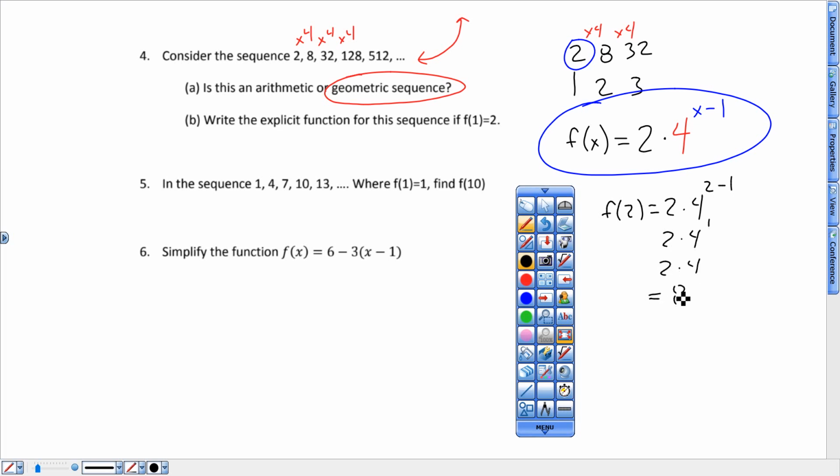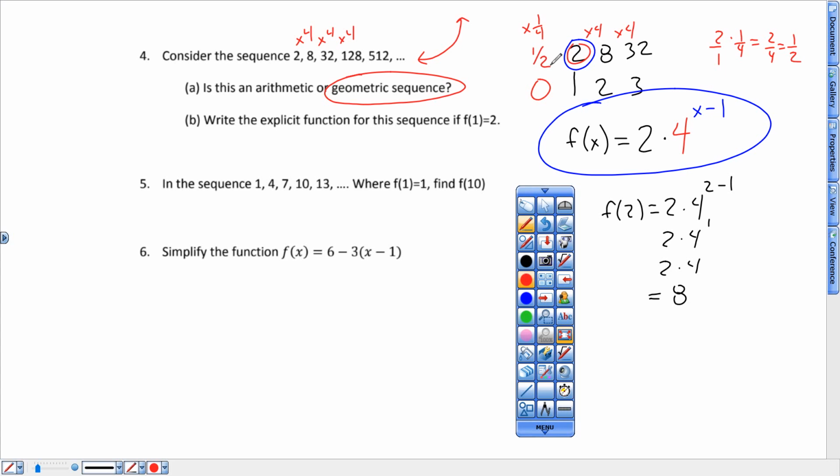It sure does. If I wanted the 0 term, I would have to do the opposite. I would be timesing by 1/4, taking this 2 times 1/4. 2 times 1/4 gives me 2/4, which is 1/2. So the 0 term is really 1/2, and that makes sense because 1/2 times 4 is 2.